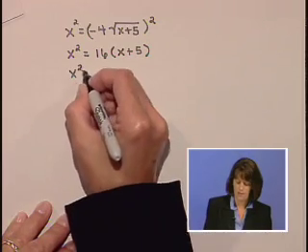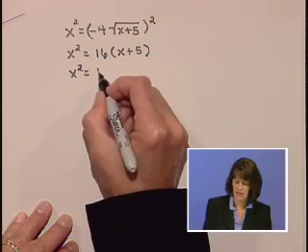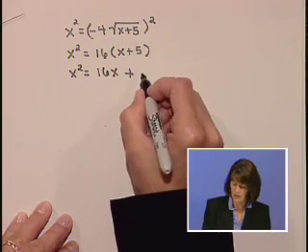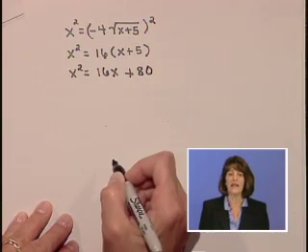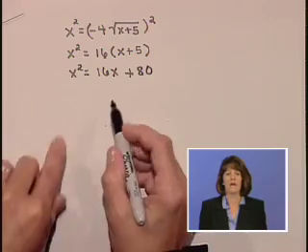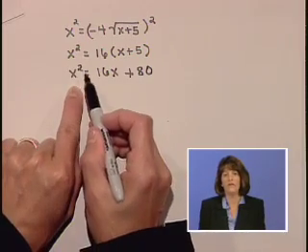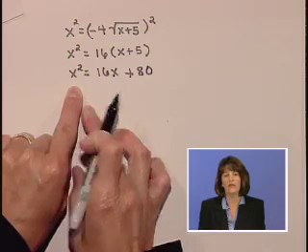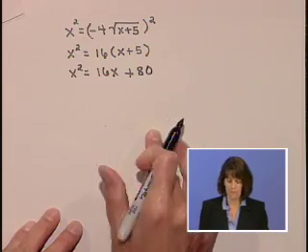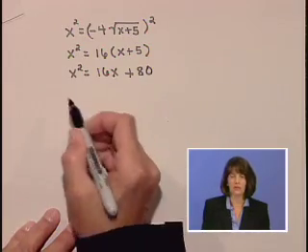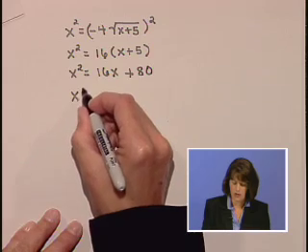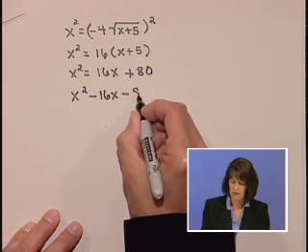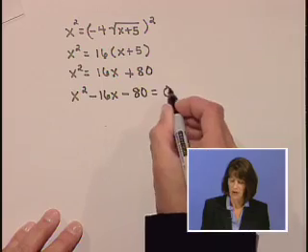Let's distribute. 16 times x is 16x, plus that 16 times 5 is 80. Here we see we have a quadratic equation. Let's move everything to one side, set equal to 0 on the other. I'm going to subtract terms over to the left to obtain x squared minus 16x minus 80 is equal to 0.